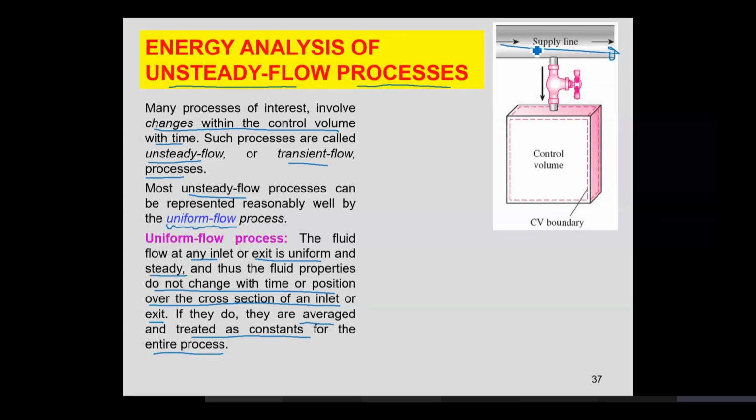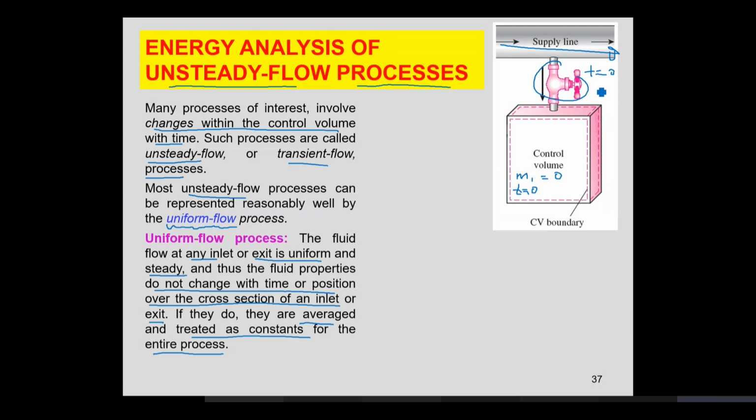You have a gas and you have a valve connected to the control volume. Initially, at time t equals 0, the mass of my control volume is essentially 0. At t equals 0, the valve is closed.